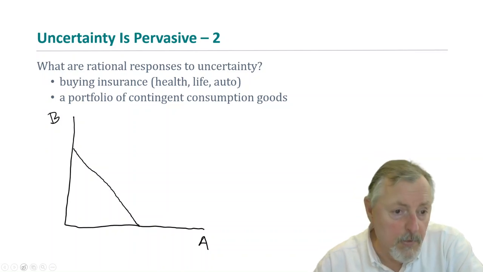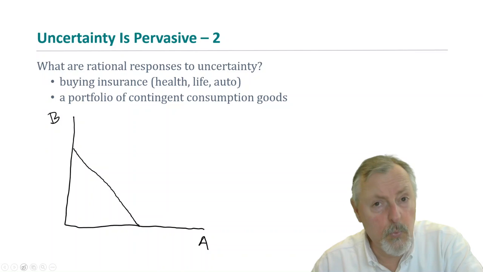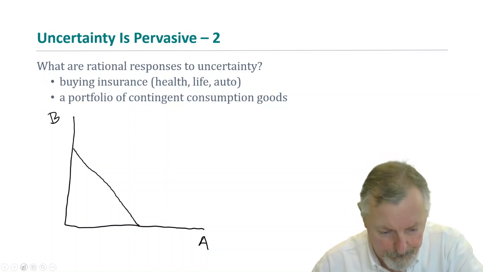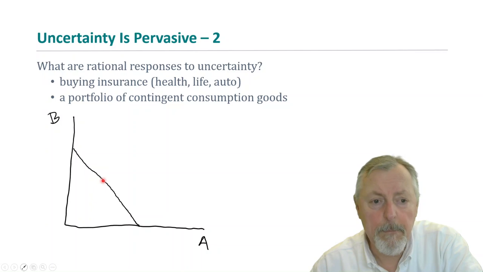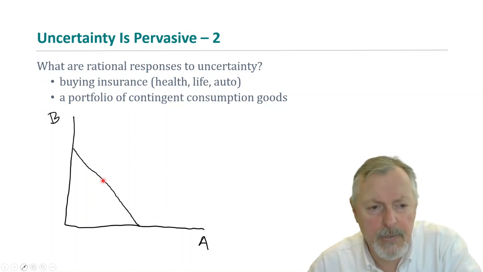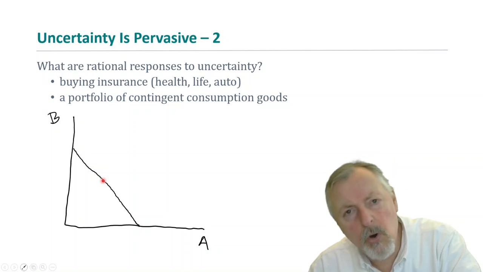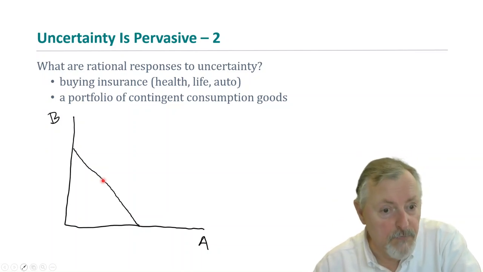The slope of this budget line is the ratio at which a person can exchange B for A. If you want, let's say you start out right there, and you're not happy with that combination of A and B. You want less B, you want more A. All right, well, rise over run.